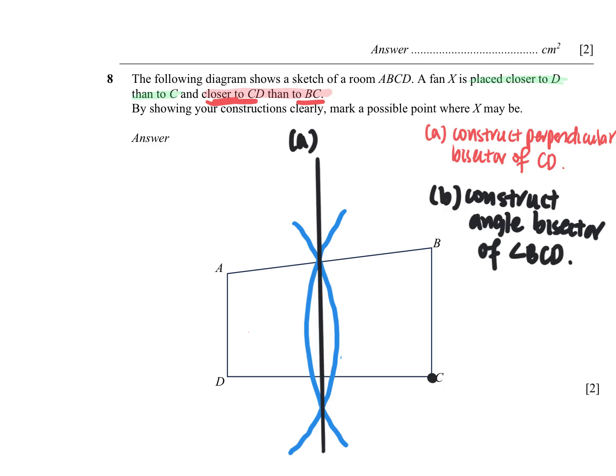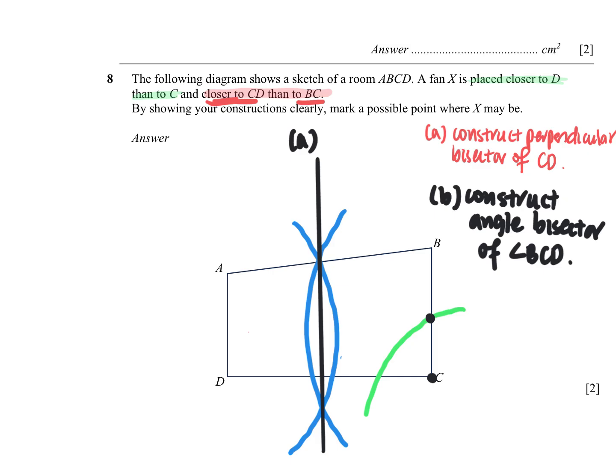Okay? So put your needle here. Anyway, the question will be asked this way. So you put your needle here, open it to any distance you want and swipe it through. So you have one arc here. Okay, next, put your needle here.